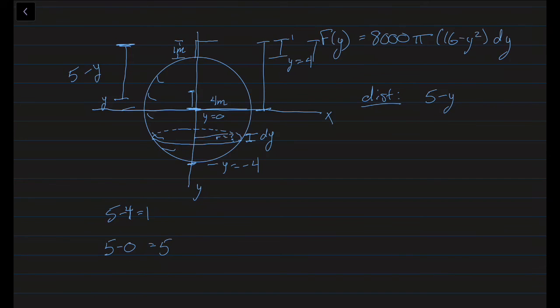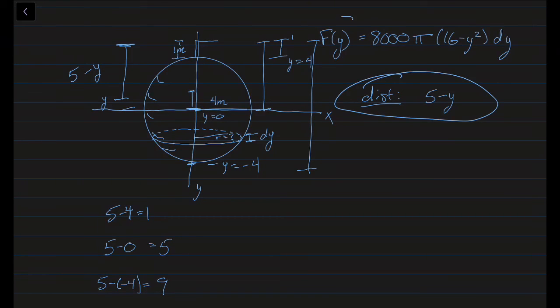So that's going to be 5 minus 0, which is 5 meters, which makes sense. And then if we were to go from the ground all the way to the bottom of the sphere, which has a y value of -4, it should be 9 meters. Which makes sense because the whole sphere has a diameter of 8 meters, so we add another meter to it and we get 9 meters. So our distance function is 5 minus y.